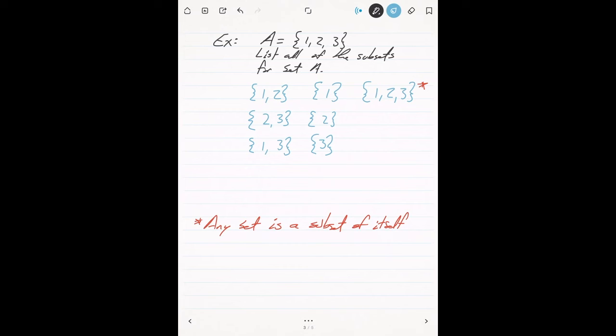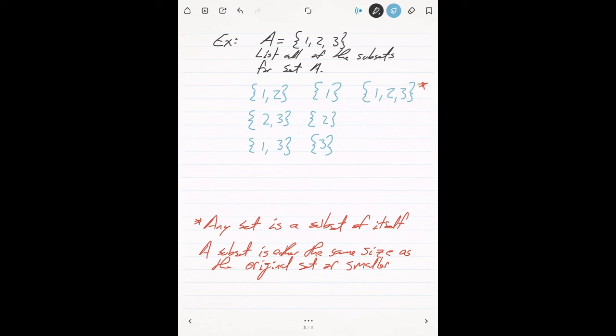So that's the idea of subsets. Hopefully this is making sense, and maybe I should write that last part down. A subset is either the same size as the original set, or smaller. Either it has the same number of elements or it has fewer elements.